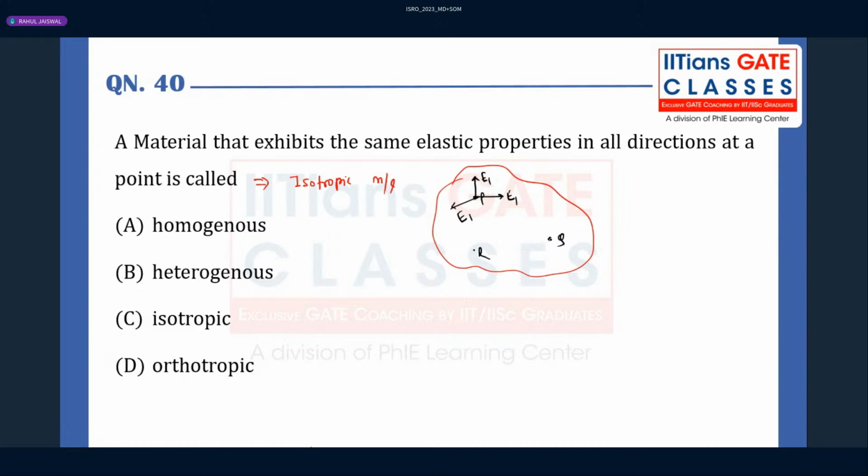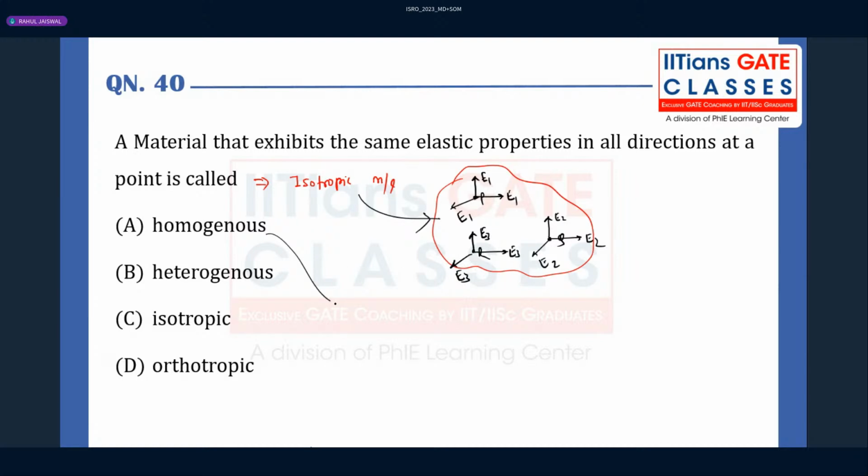At point Q, we have elastic property E2, E2, E2. Elastic property may vary from point to point, but in any direction you take at the same point, the elastic property will not change. That is the isotropic material.